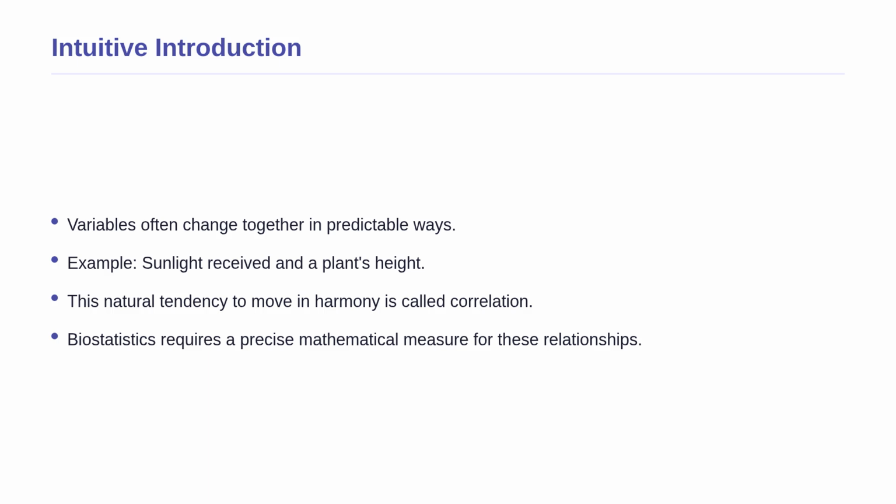This natural tendency for two different variables to move in harmony is what we call correlation. In biostatistics, we constantly look for these hidden relationships to understand how biological systems work. However, just noticing that two things move together is not enough for rigorous science. We need a precise way to measure exactly how strong that relationship is.